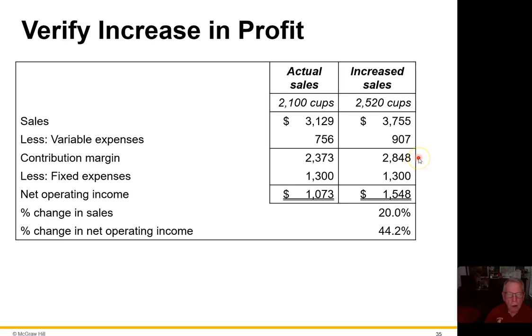We get a contribution margin of $2,848. We back out the $1,300 of fixed expenses, and that gives me a net operating income of $1,548. And if I multiply 1,073 times 1.442, I get 1,548.